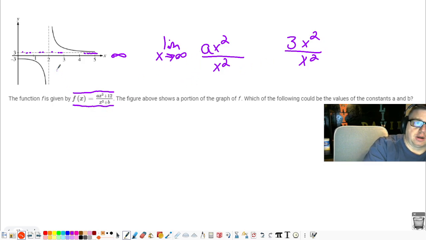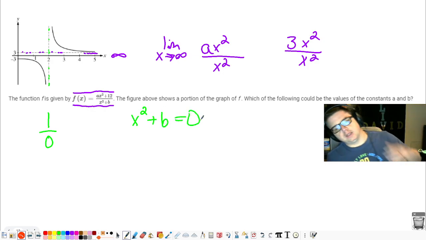The second part is, what does a vertical asymptote do? Doesn't that tell us where the function is undefined? And how do we get an undefined function? We get a 0 in the denominator. Well, what's in the denominator? x squared plus b is in the denominator.